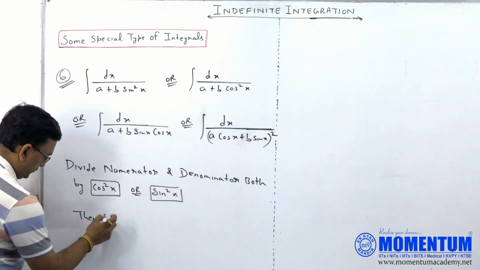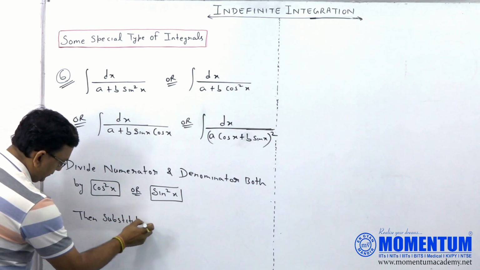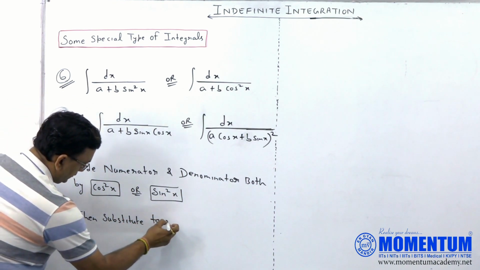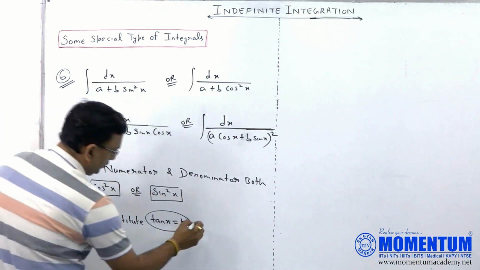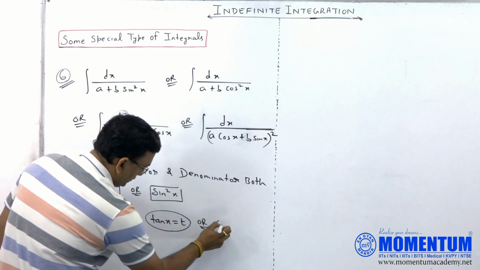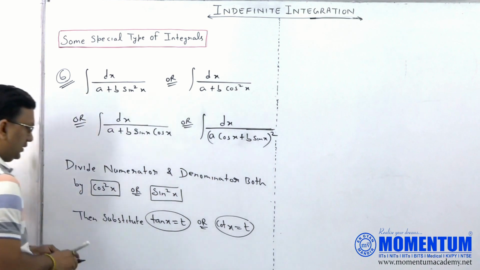Then substitute tan of x is equal to t or cot of x equal to t.